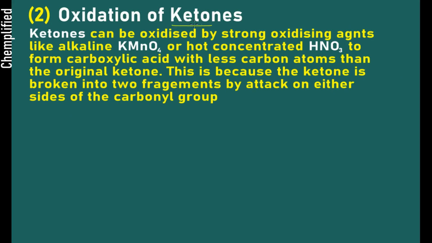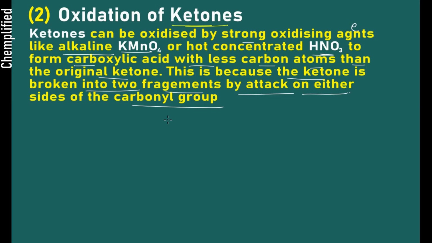Now we will go for oxidation of ketones. Ketones can be oxidized by strong oxidizing agents like alkaline KMnO4 or hot concentrated HNO3 to form carboxylic acid with fewer carbon atoms than the original ketone. This is because the ketone is broken into two fragments by attack on either side of the carbonyl group. Now this is the difference between aldehyde and ketone.